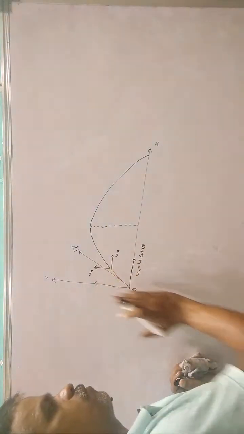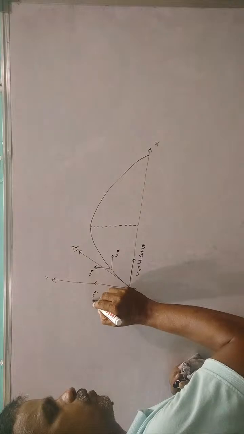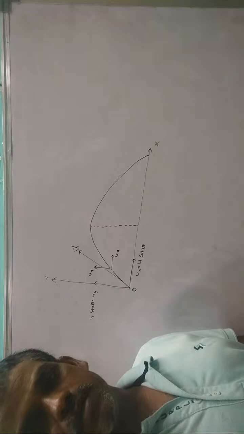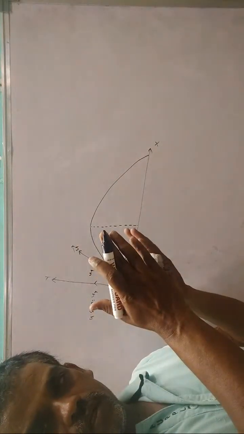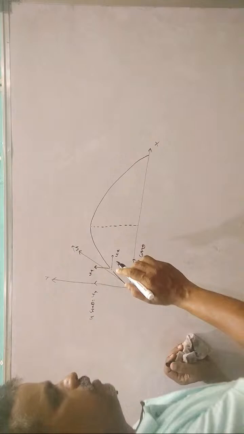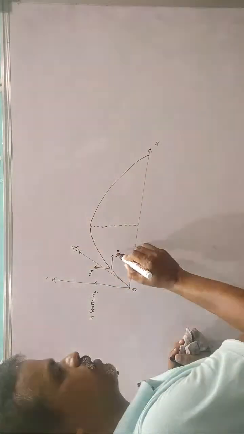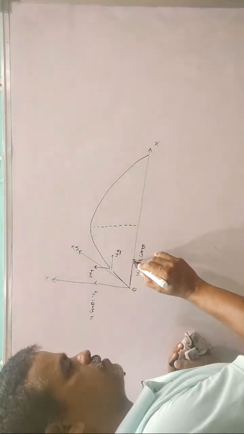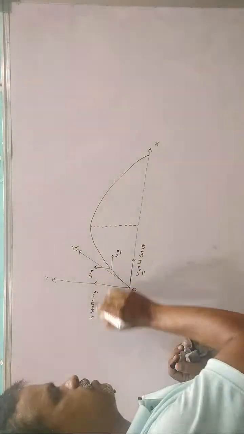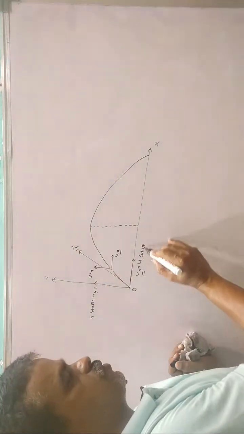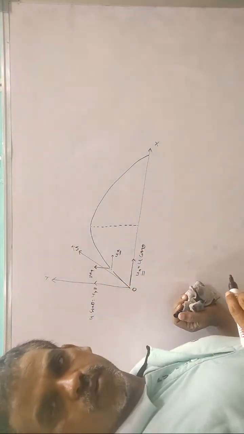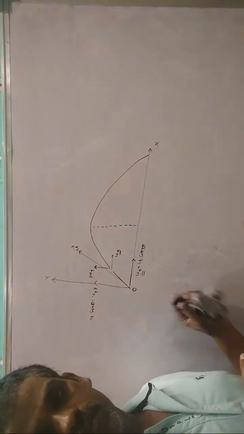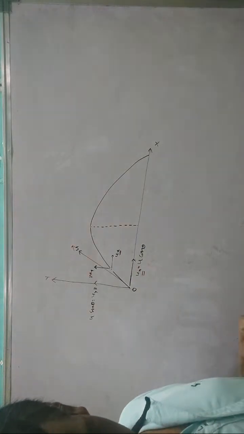Along the y-axis, uy equals u sin theta. So simply, I split this vector u into a component along x and a component along y. Along x-axis, u cos theta; along y, u sin theta. Okay.